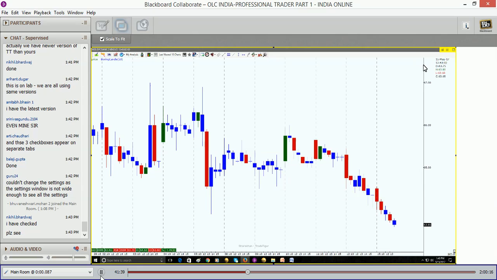All and these three checkboxes appear on separate tabs. Yeah, I am aware, Aarti. In the newer version, since I use one version older, I'm not sure where the newer tabs come. And that is why there's a difference in the chart maybe.